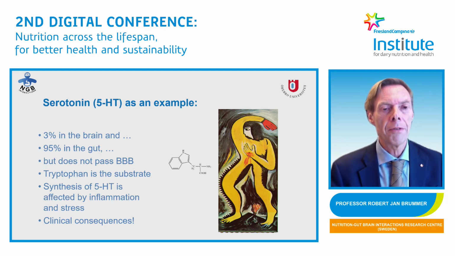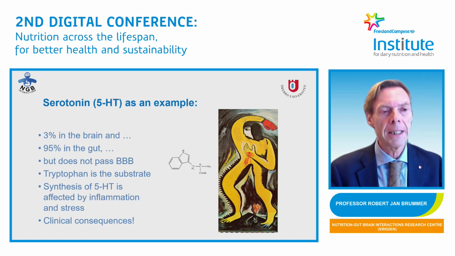Serotonin is one of the, I would say, more important signaling molecules between the gut and the brain, but it also has direct practical consequences, which I will describe a little bit later in my talk as well. Of serotonin, only 3% is in the brain, and most of the serotonin is actually in the gut.